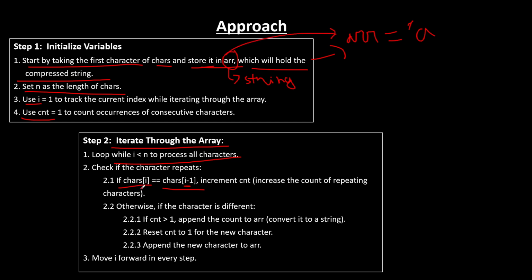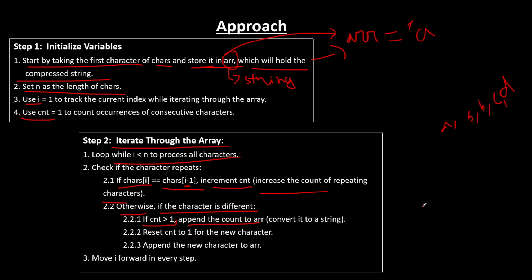Okay. Then we have this condition: if chars[i], let it be A again, in the array. Let it be B, then C and T. Let it be. Okay. Now it is also A, right? Then we increment the count of the repeating characters. Fine. And we'll store it. We will just increment the count. Otherwise, if this condition gets falsified, if the character is different, only if the count is greater than 1, we will append the count to the array.